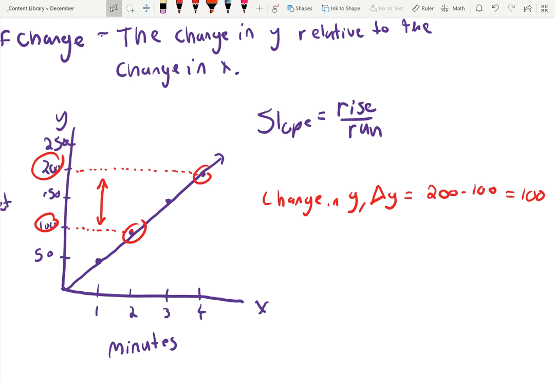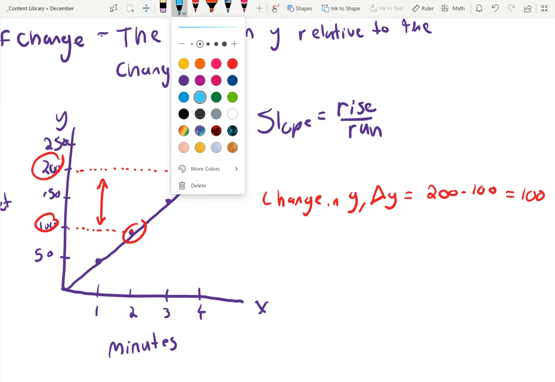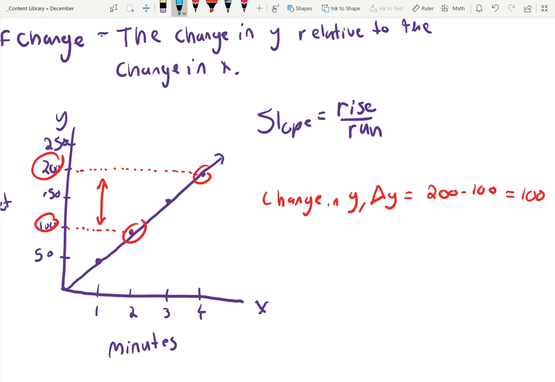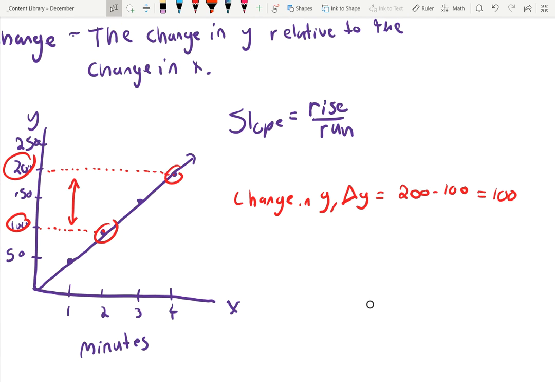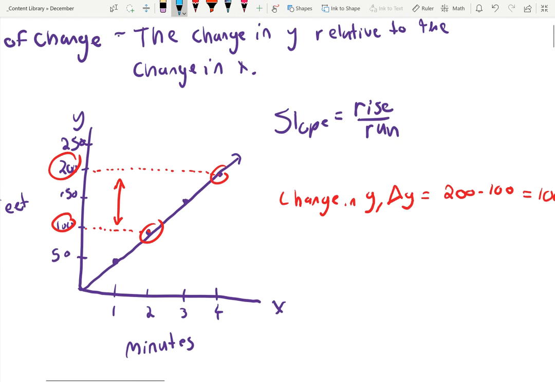Now we have to find this relative to the change in x. So the change in x, same idea. Our second point is at 4 minutes, so its x value is 4. And the first point's x value is at 2.